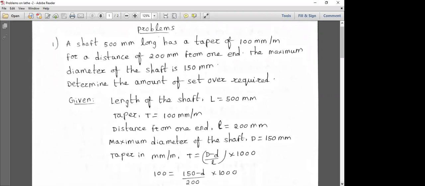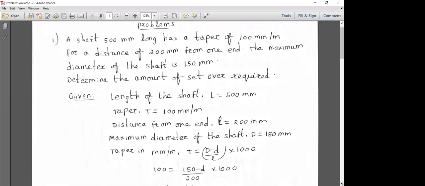So first you have to calculate the small end diameter, small d. Taper is given by capital D minus small d by L into 1000. This is the formula we discussed yesterday. What is the taper he has given in the problem? Taper of 100 mm per meter.